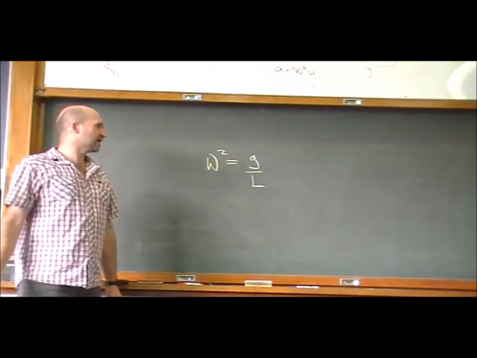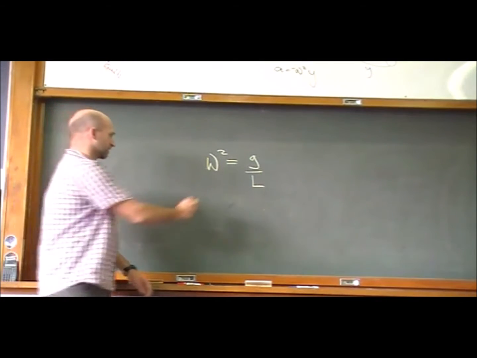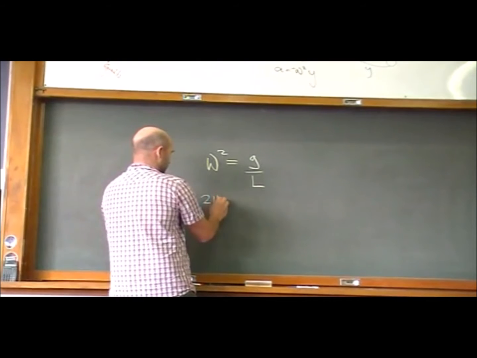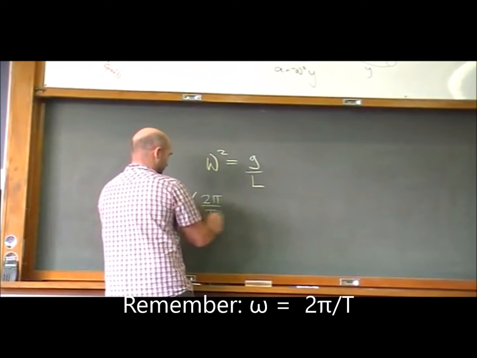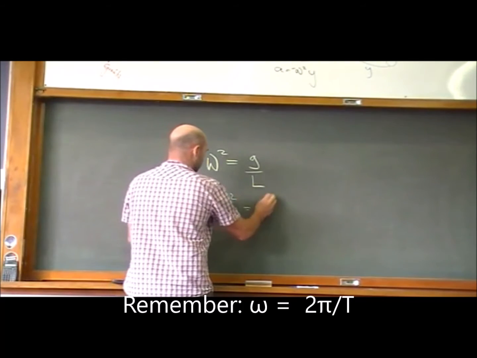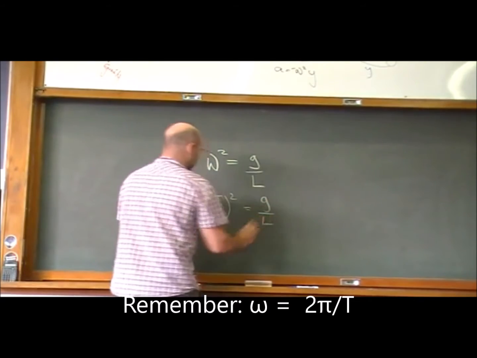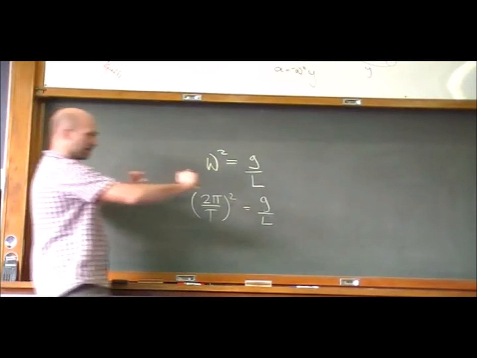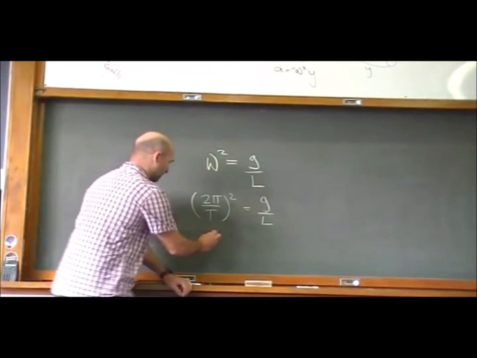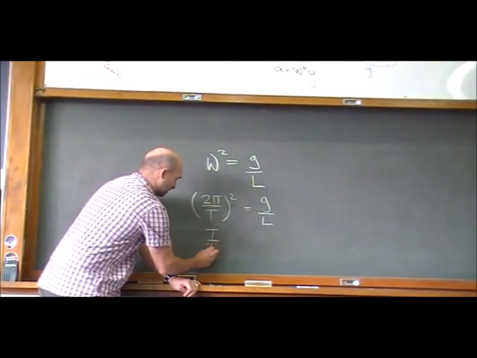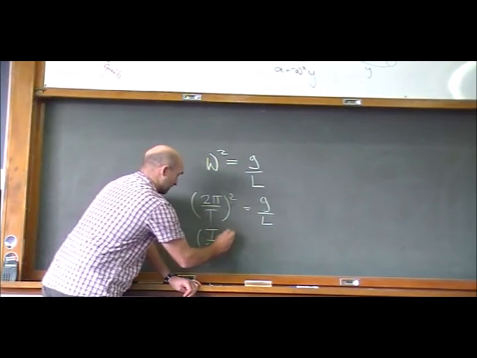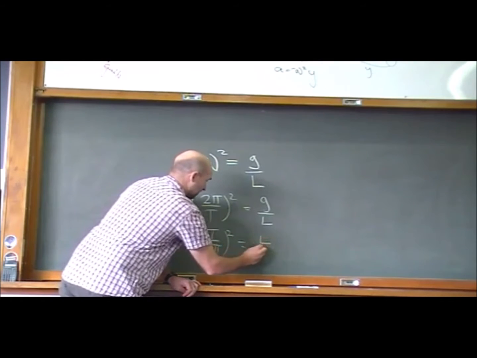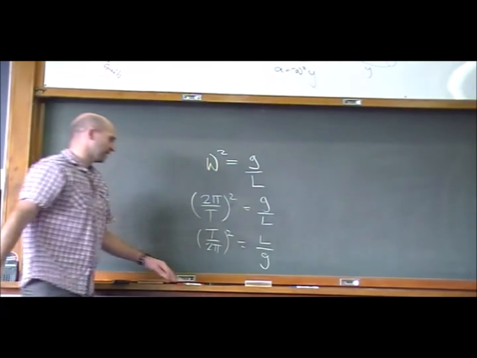Except we don't really want to have omega squared. We want 2 pi over T, squared, is g upon L. And we're trying to find the period of the pendulum. So let's get that T on the top by flipping both sides. So T upon 2 pi, squared, is L upon g.